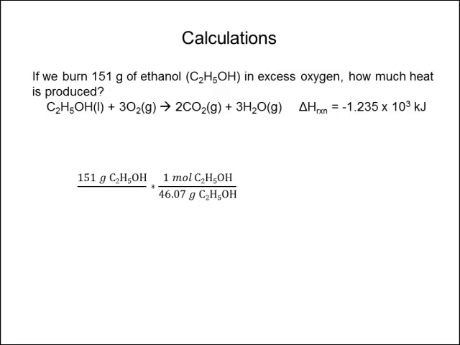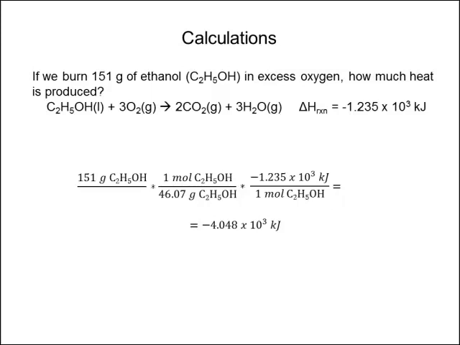Once I have my moles of ethanol, then from the balanced equation, 1 mole of ethanol is going to give me negative 1.235 times 10 to the third kilojoules. I'm ending up with units of heat, so I can stop there. So for 151 grams of ethanol, I'd get a value of negative 4.048 times 10 to the third kilojoules.